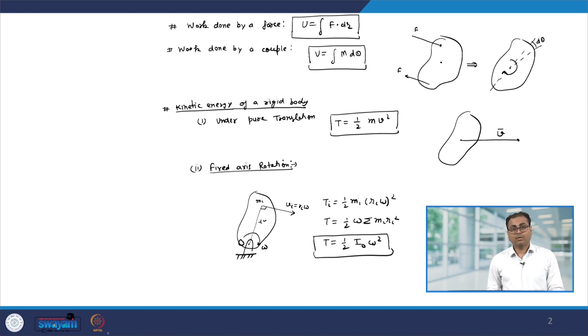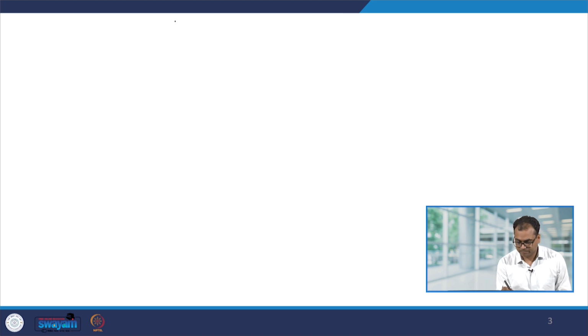Now, let us discuss the kinetic energy of a general plane motion. As we already discussed, the general plane motion can be analyzed by considering a point on the rigid body and then translation of that point plus the fixed axis rotation about that point. Let us say we choose point G, which is the center of mass of the rigid body.